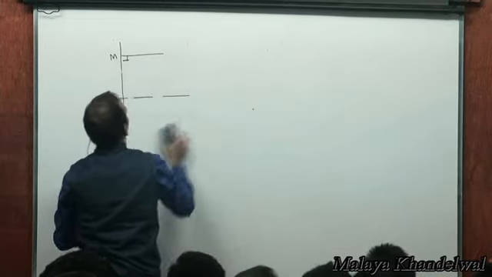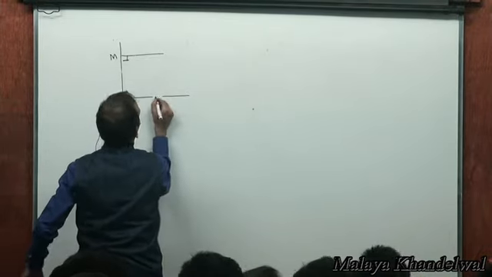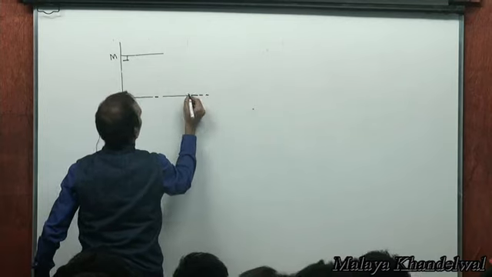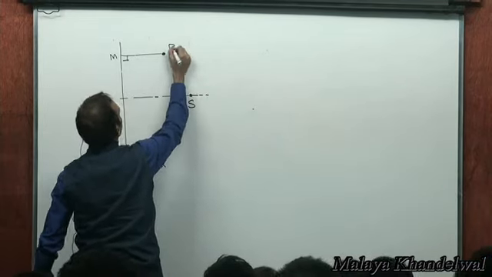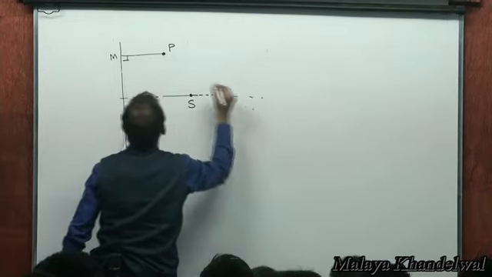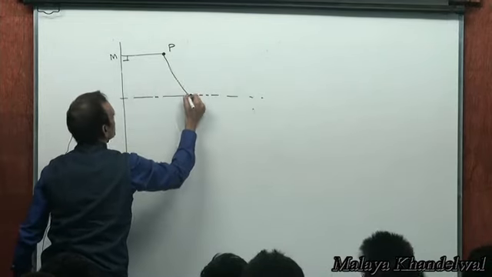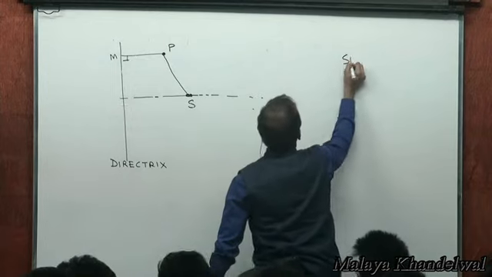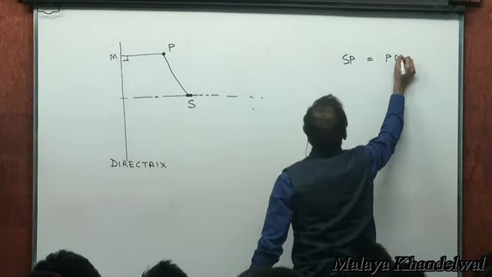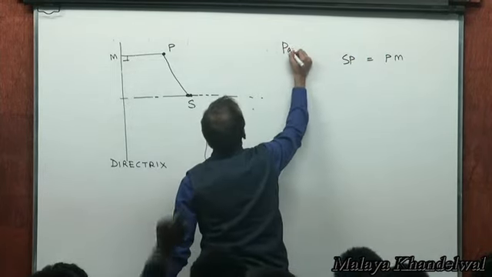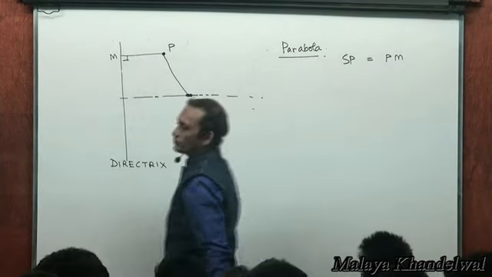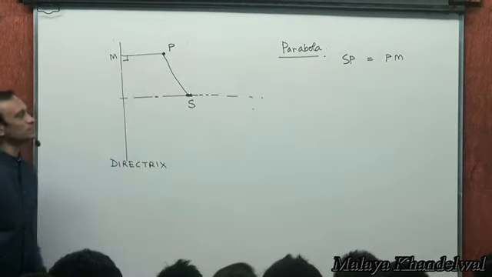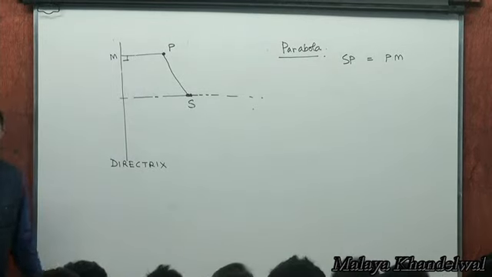Now, focus S, moving point P, such that SP is PM. That brings us to the definition of a parabola. SP is PM, SP by PM is 1, right?